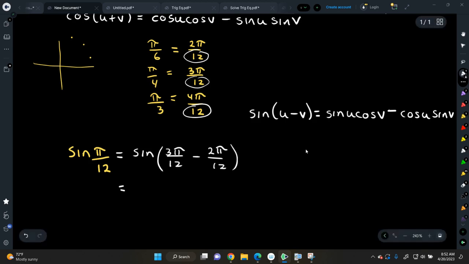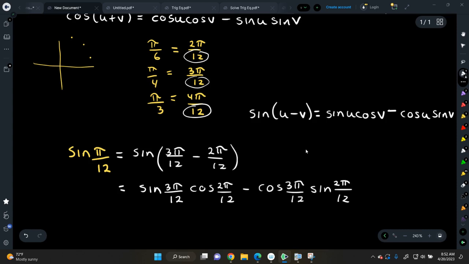So we've got the sine of 3 pi over 12 times the cosine of 2 pi over 12, minus the cosine of 3 pi over 12 times the sine of 2 pi over 12.